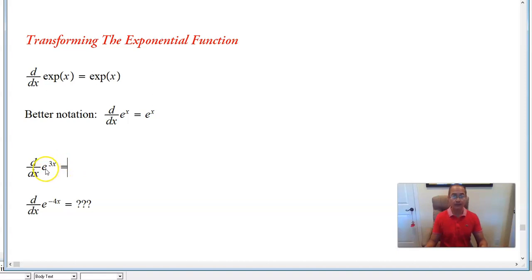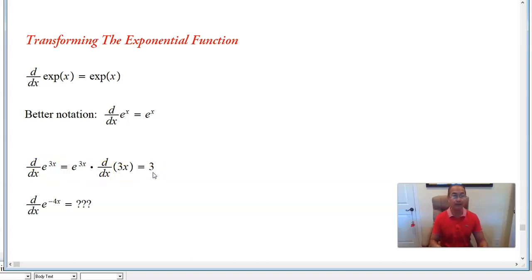So the derivative of e to the 3x is still e to the 3x, but we have to multiply that by the derivative of what is in the exponent, which is what was inside the exponential function. So e to the 3x is really exp of 3x. We have to apply the chain rule to 3x, and of course that simply is 3.